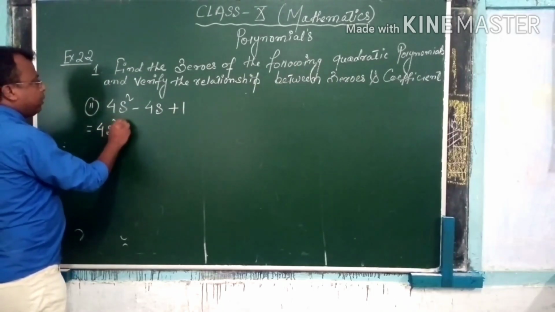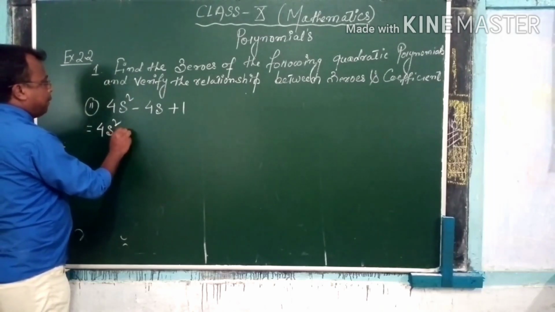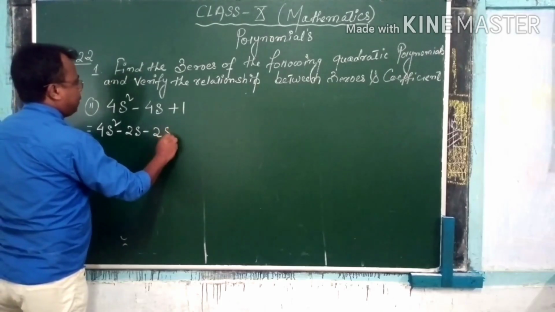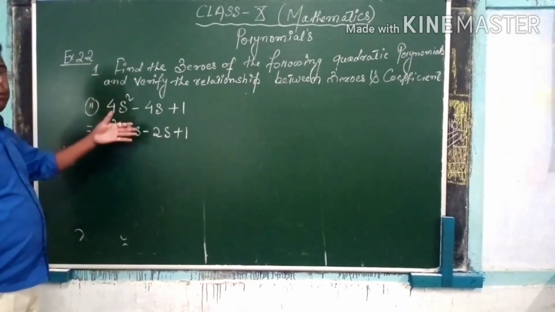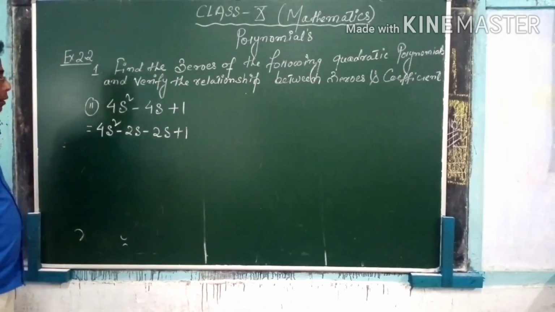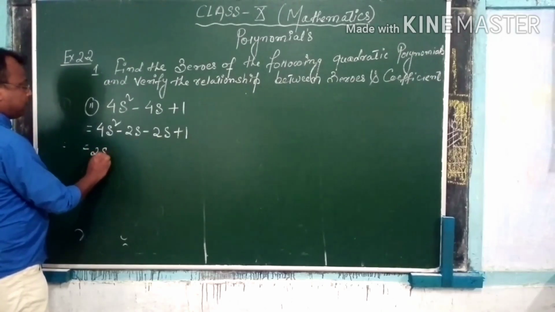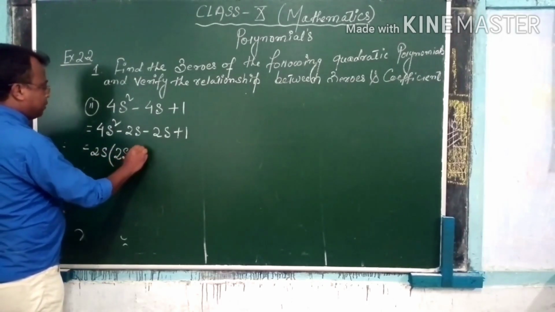So 4s squared minus 2s minus 2s plus 1. I am factorizing by using the splitting the middle term method. Here what is common? 2s is common, so 2s times (2s minus 1).